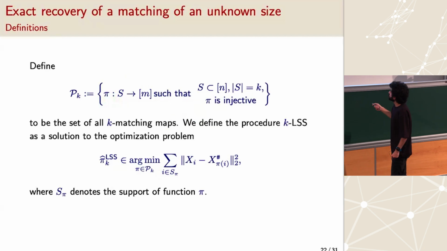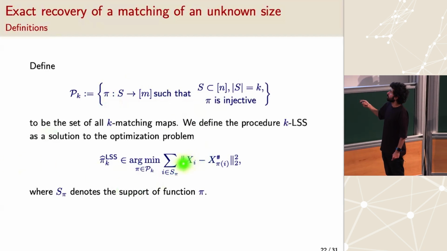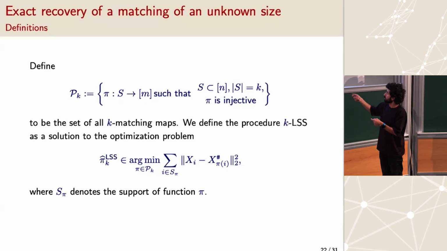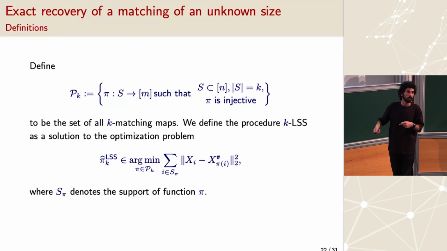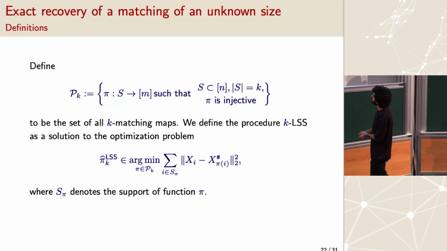Also we have to take into account that by changing our pi, the support of this mapping also changes, and we don't want to incorporate wrong points into our loss function. That's why here it's not i from 1 to n, but the support of pi considered here.